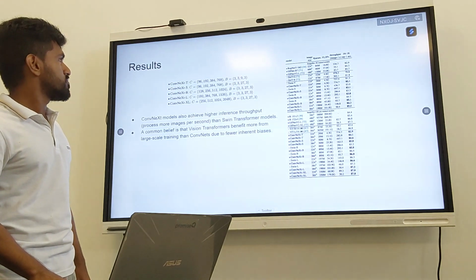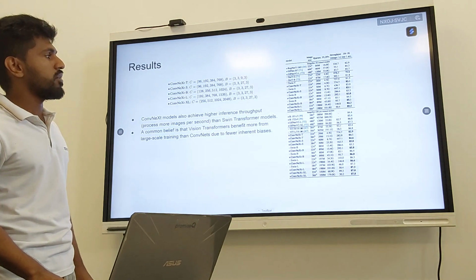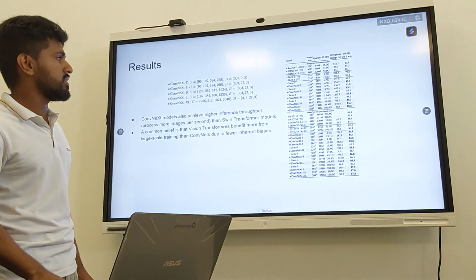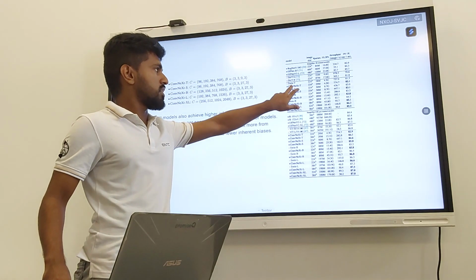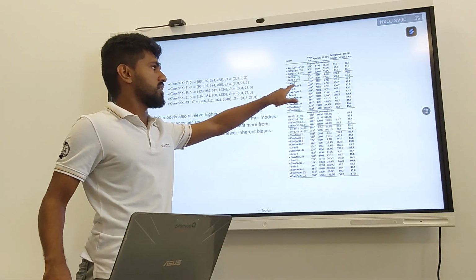So these are the results they achieved by training the Swin transformer tiny model against the ConvNeXt tiny model.